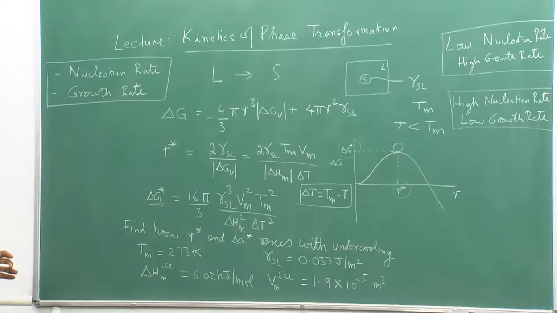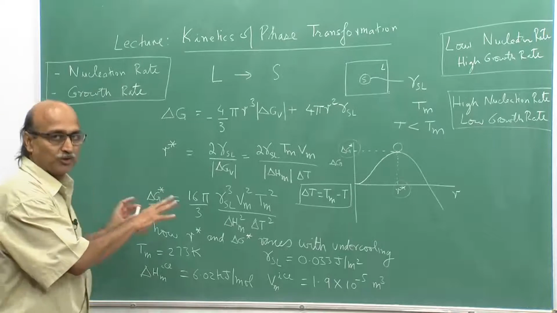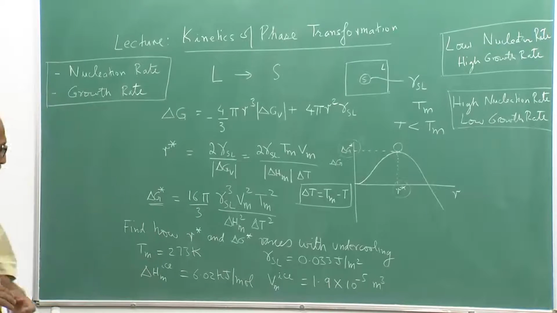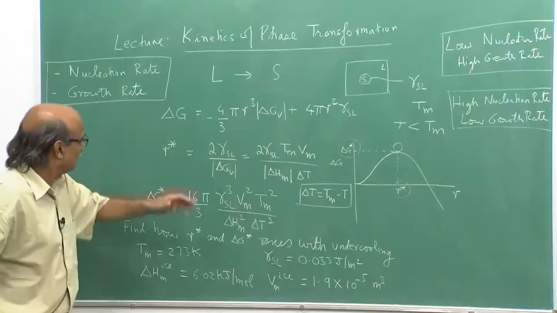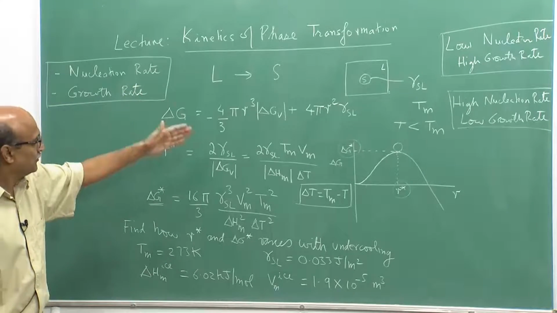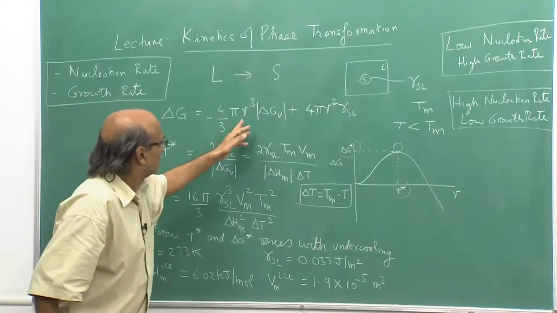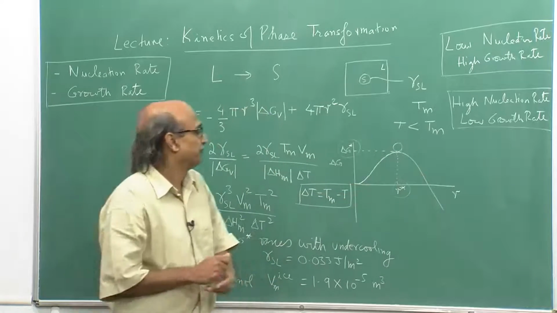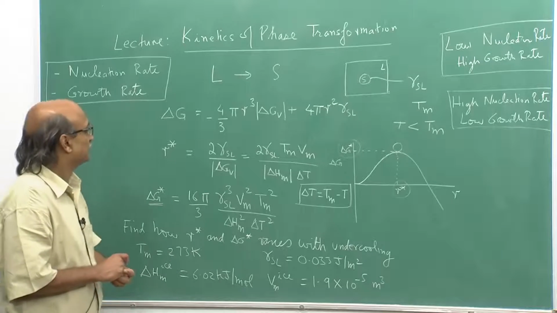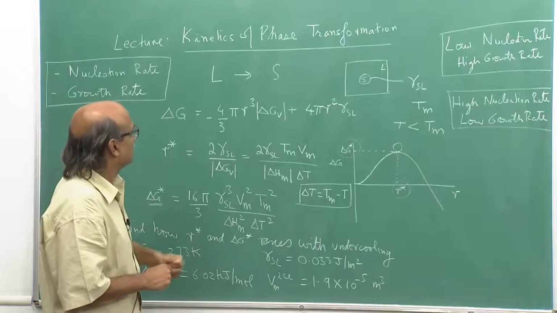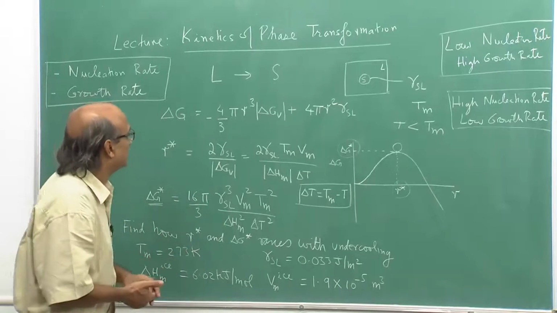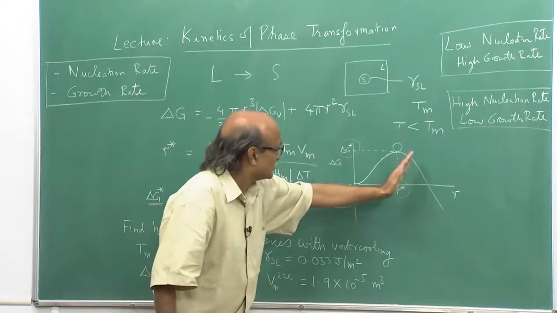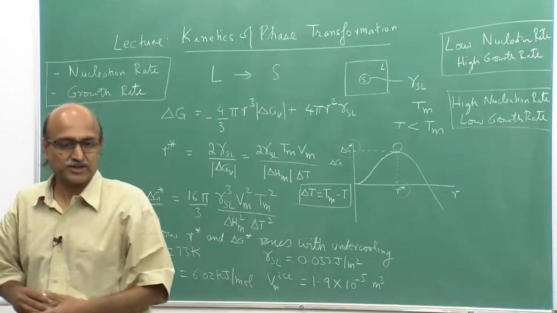For this, we are going to solve this problem not on the board, but in a spreadsheet program where we can quickly calculate values of delta G for various values of the nucleus size and plot it, and then change the temperature, change the undercooling, to obtain different curves and to see how the nature of the curve changes as the undercooling changes.